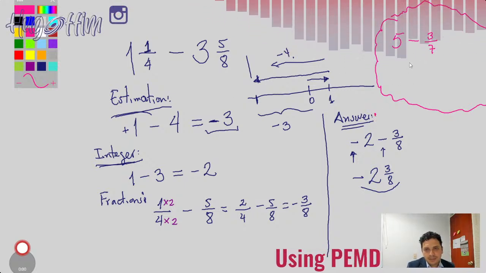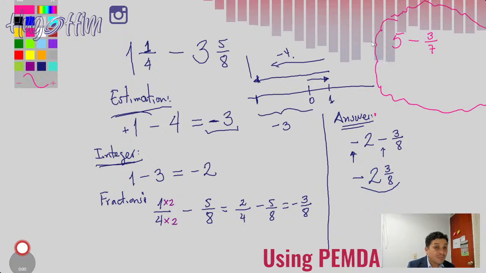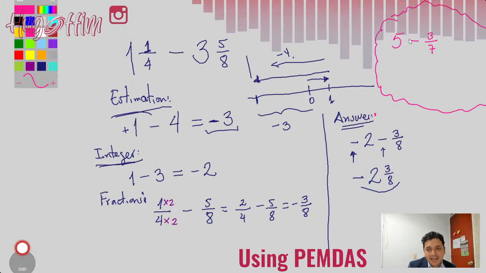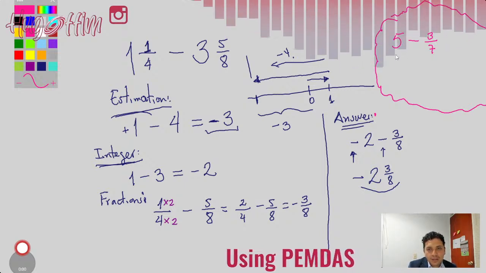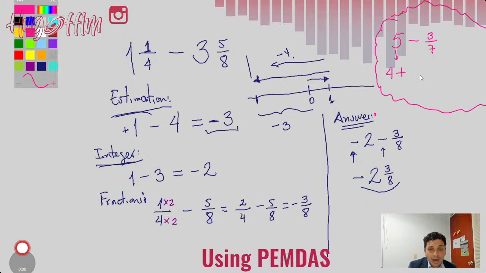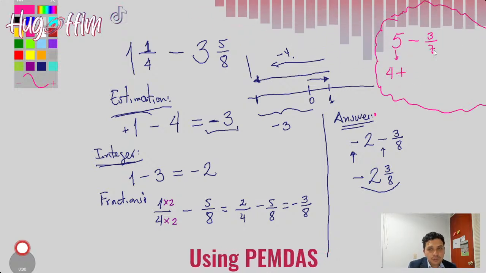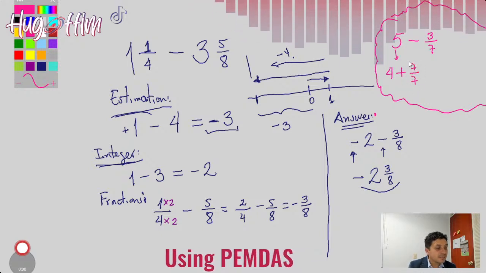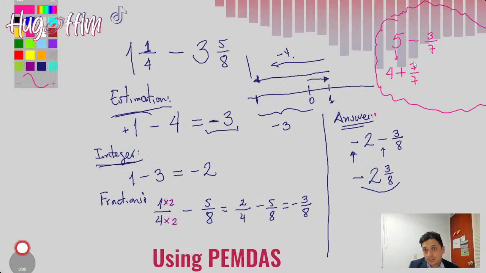Both have different signs, or -5 plus 3/7. So what you must do in this case is take one unit from this 5, so it's going to be 4 plus 1, but instead of 1, I'm going to put 7/7. 7 divided by 7 is 1.